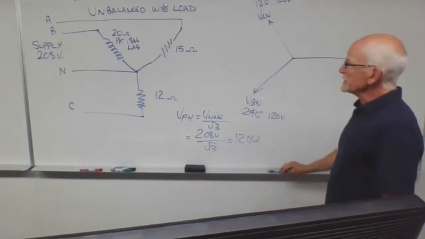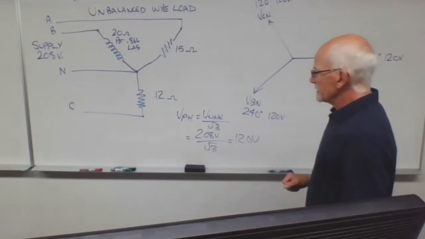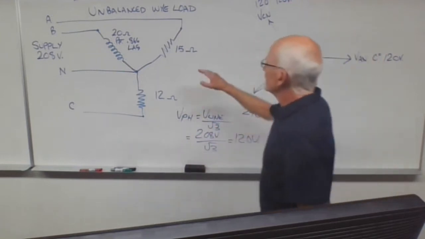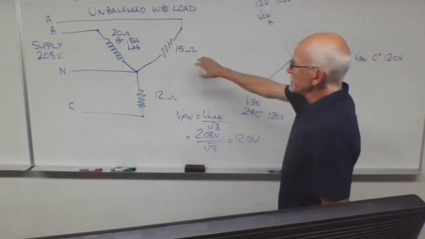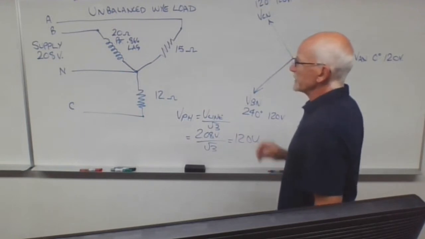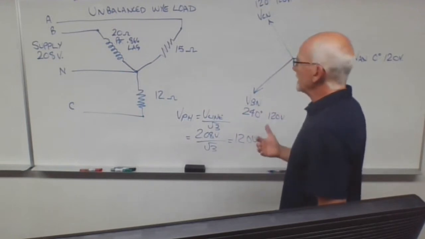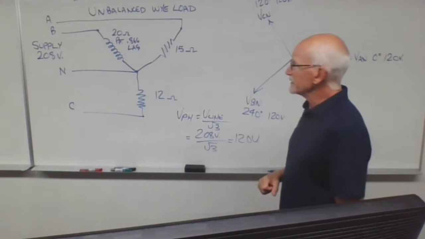Now, to determine our phase currents, we simply take the phase voltage divided by the resistance or impedance of each phase, which will give us the current.